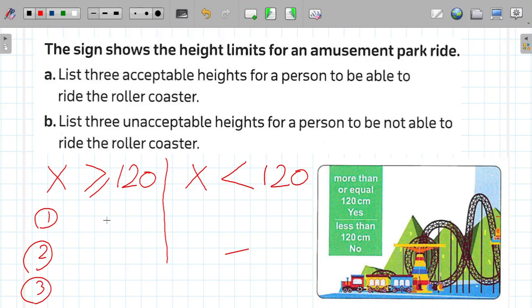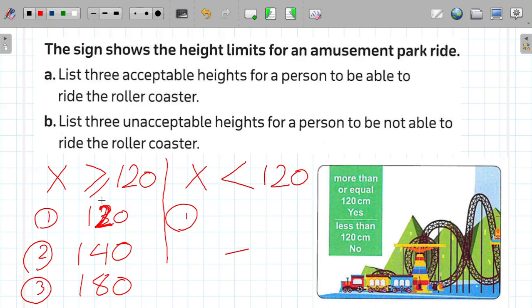Okay, so the first one here, I want 3 numbers that are more than 120, so I can say 130 or 140 or 180 or 120. So 120 is with us in this inequality.